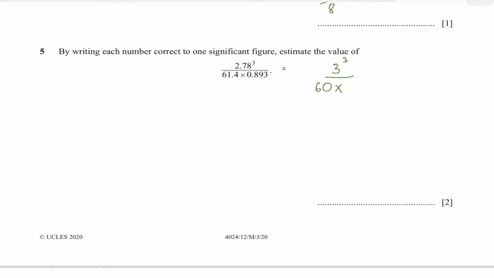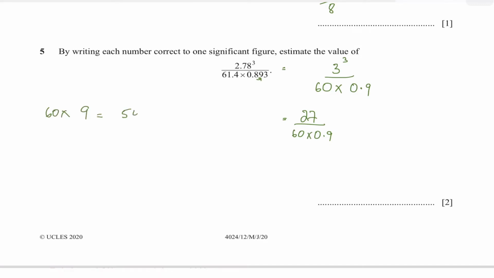And then we have 0.893. This can either be 0.8 or 0.9. Since we have 9 after 8, which is greater than 5, we're going to increase the first decimal by 1 and make it 0.9. So the cube of 3 is 27, and 60 into 0.9. Let's work out what 60 into 0.9 is first, and we can do that by simply multiplying 60 by 9.